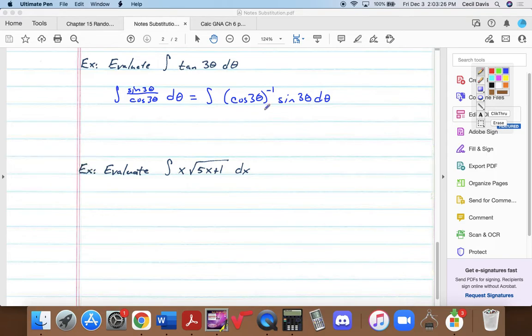So now I have a composite function times another function. What's the derivative of the inner function? Three. The inner function is 3 theta.